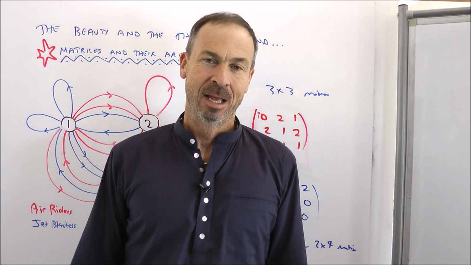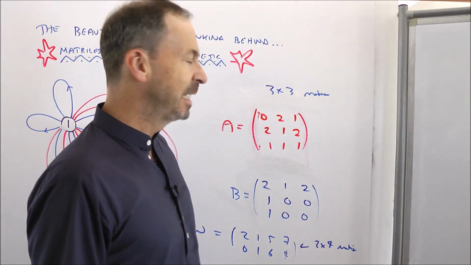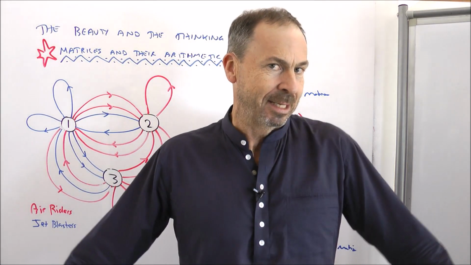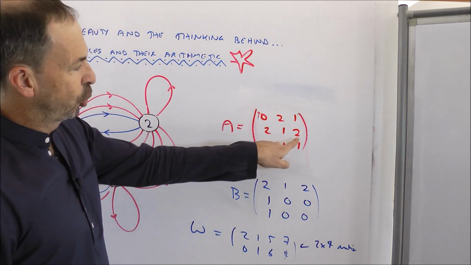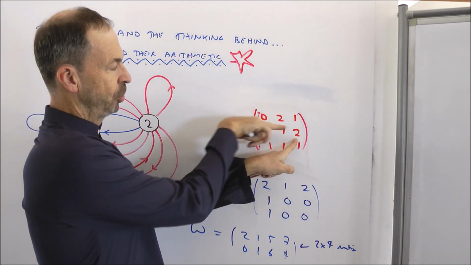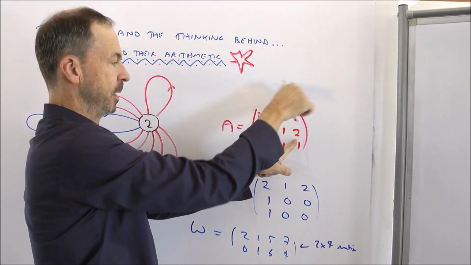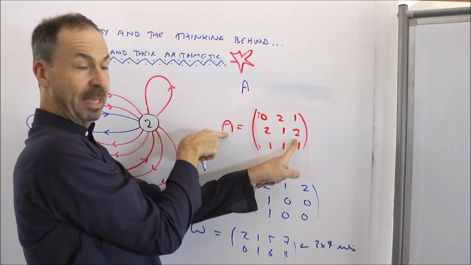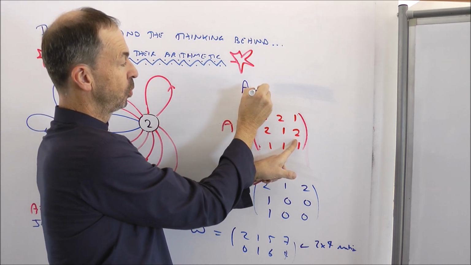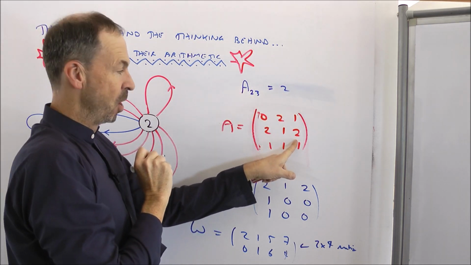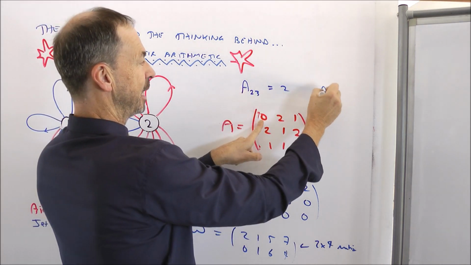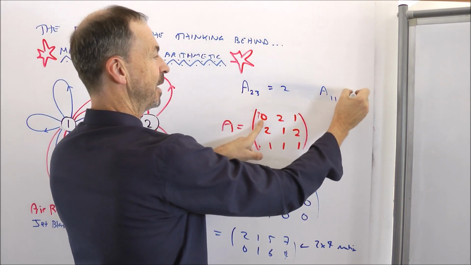That's it. Another little piece of notation doesn't come up that often in the curriculum, but you might see it. I'll just add it here. For example, this 2 here, it's in row 2, column 3. So I'd say, in the matrix A, the row 2, column 3 entry, subscript 2, 3, is a 2. Or if I look at this 0 here, that's in row 1, column 1, and it's a 0.